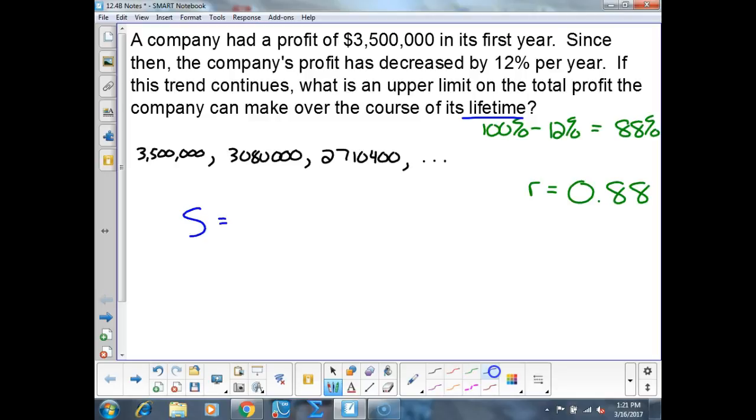So the infinite sum is going to be my first term, 3,500,000, divided by 1 minus 0.88. So, how much money are we making if this were our company?